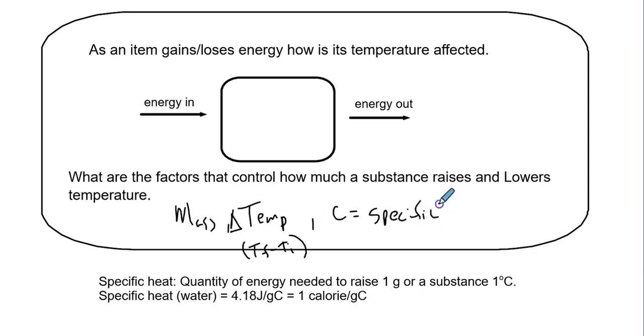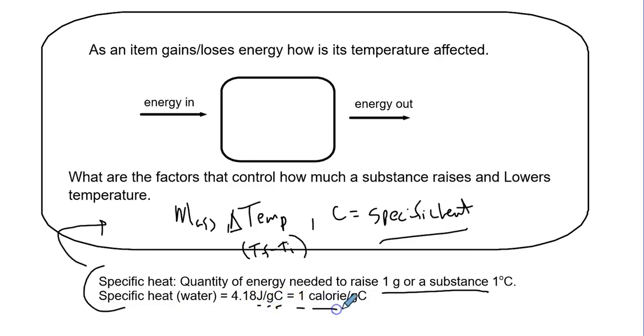Specific heat is the quantum of energy needed to raise one. This is very important. You want to jot this down. Specific heat is the amount of energy needed to raise 1 gram of a substance 1 degree Celsius. The specific heat of water is 4.18 joules per gram degree Celsius, or 1 calorie per gram degree Celsius.